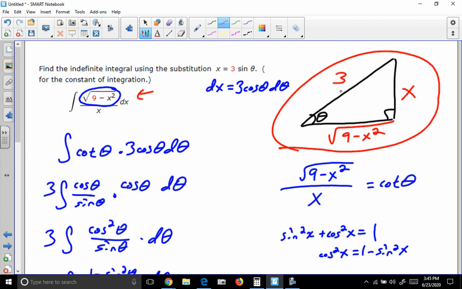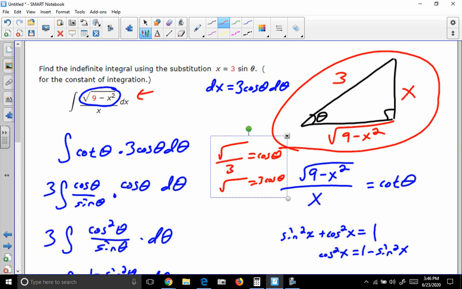Notice the square root over 3 is cosine. So the square root would be 3 cosine.